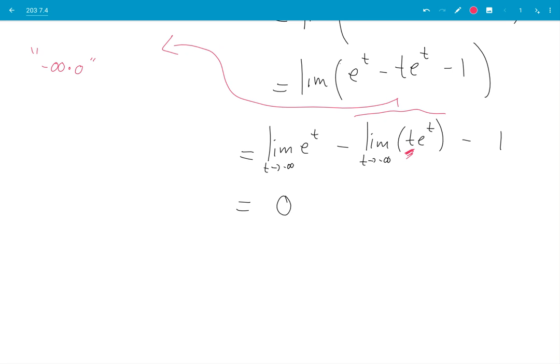This part is pulling my overall expression to minus infinity, and this part is pulling my overall expression to 0. They're working against each other, and I don't know who wins, so I'm going to have to use L'Hopital's rule in this case.